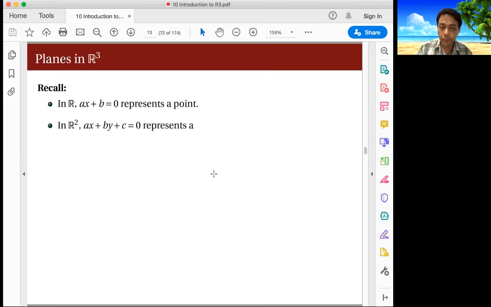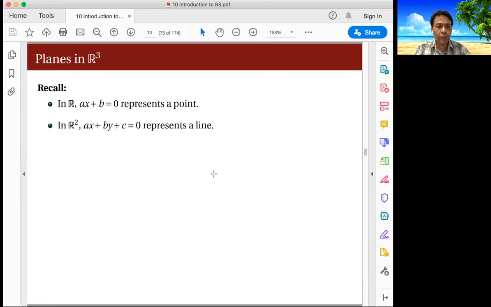In R2, the linear equation is ax plus by plus c equals 0. And this represents a line in R2. You can solve for y in terms of x. Now, how about in R3?